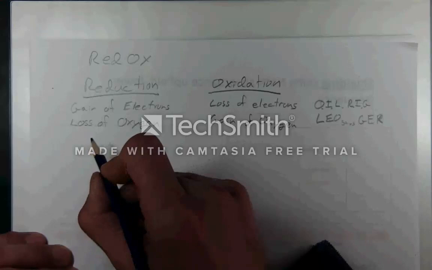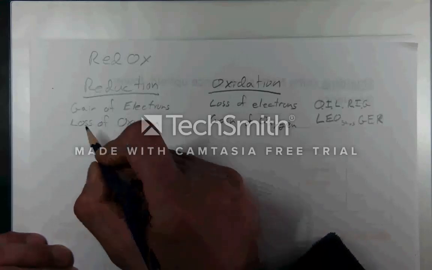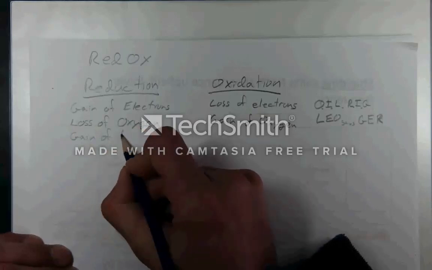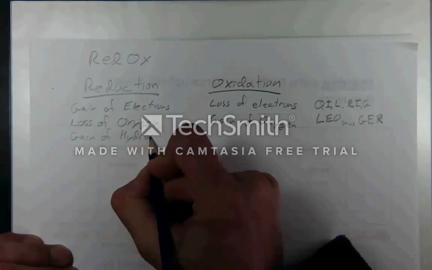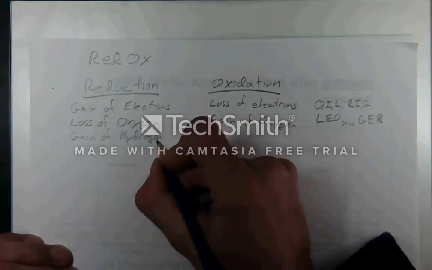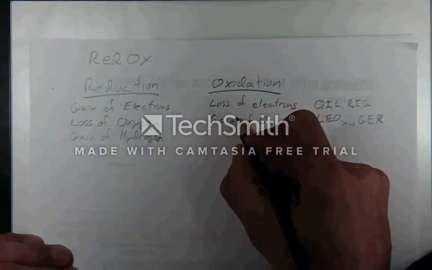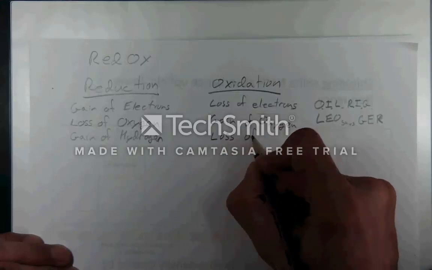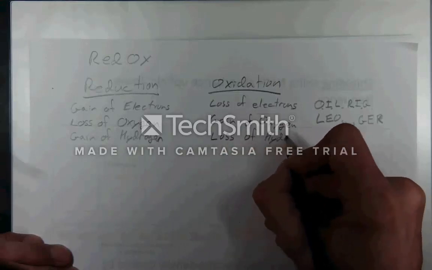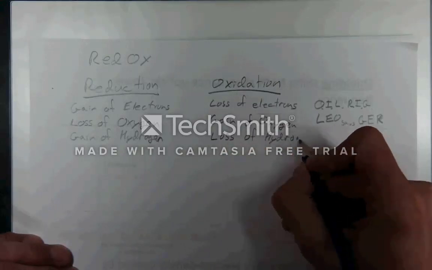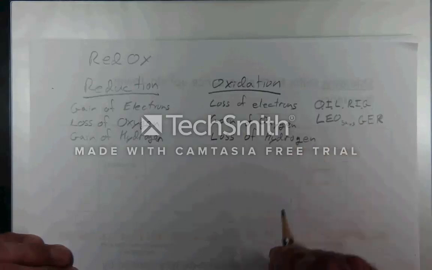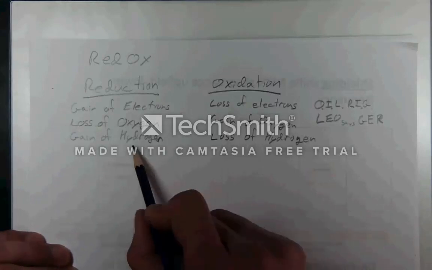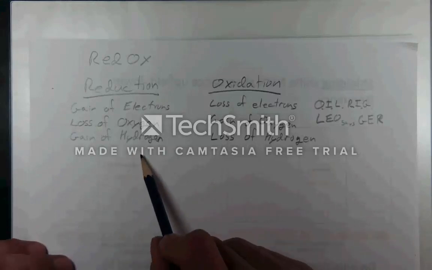So whereas reduction is a loss of oxygen, it can also be thought of as a gain of hydrogen. And whereas oxidation is a gain of oxygen, it is a loss of hydrogen, or a loss of bonds to hydrogen atoms. I'll show you some examples of this in a chemical reaction in just a moment.